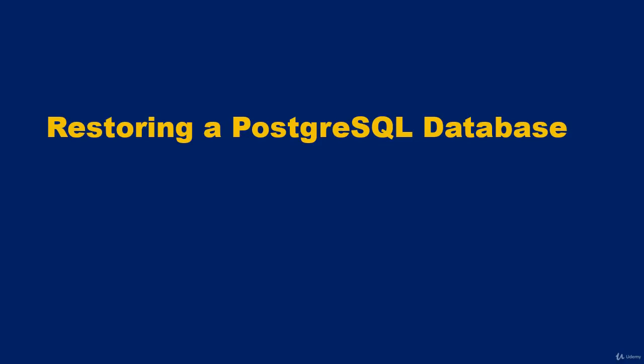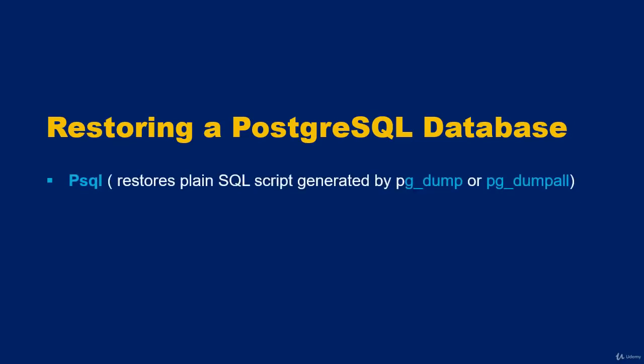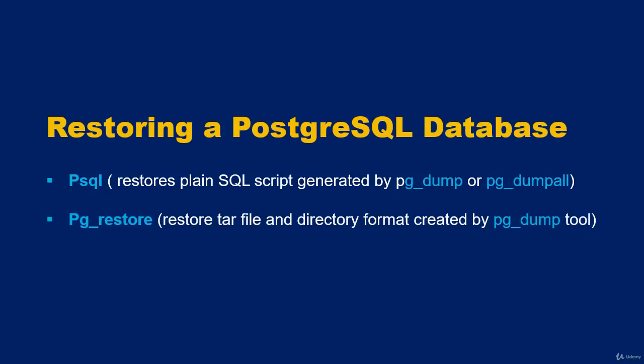In this video, I'm going to briefly introduce you to a variety of ways that can be used to restore a PostgreSQL database from backup. You can use the psql tool to restore plain SQL script generated by pg_dump.